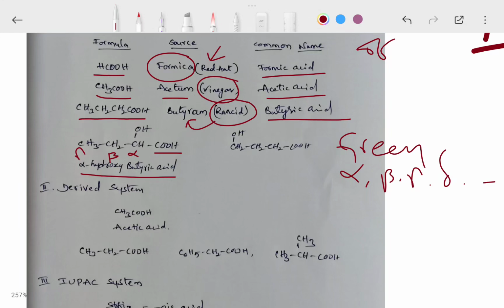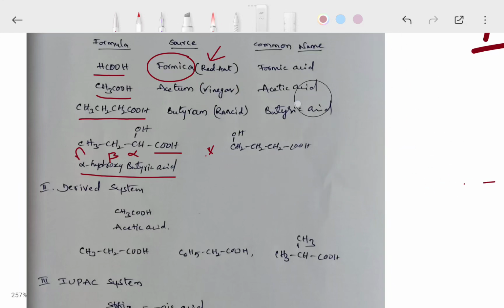That's why it is alpha hydroxybutyric acid. Here is one more example. This one is alpha carbon, beta carbon, gamma carbon. The gamma carbon has an OH group. That's why it is gamma hydroxybutyric acid in the common system.